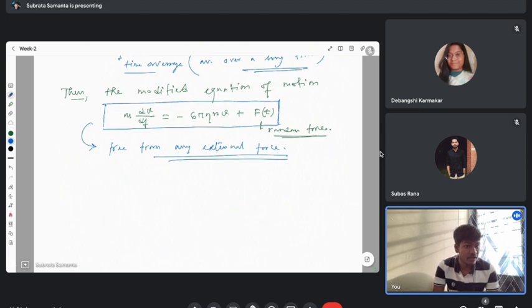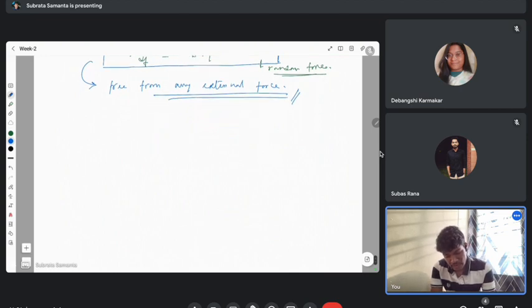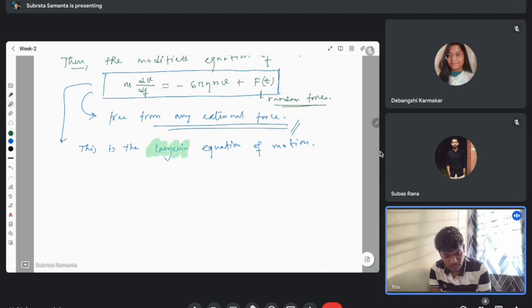The velocity cannot die out rapidly, due to this random force, which is free from any external force. And this is the Langevin equation.